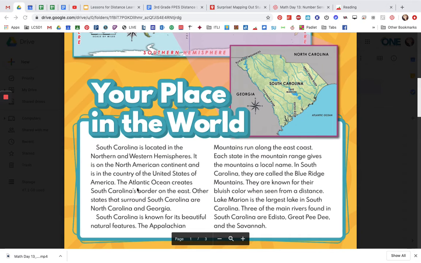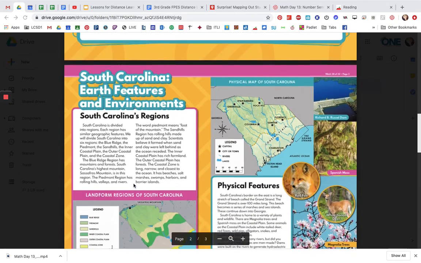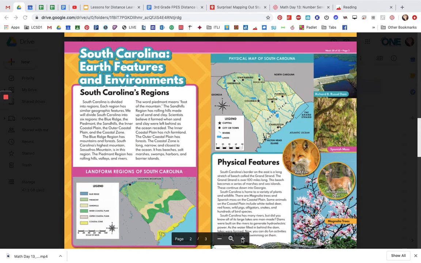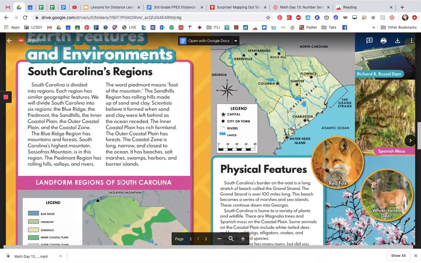All right, now I'm going to go ahead and move on to day 14's work. And that is where we are going to read South Carolina's regions. So that would be this area right here. And we're going to answer the following questions. So I'm going to make this a little bit bigger so I can see it. So here we go.